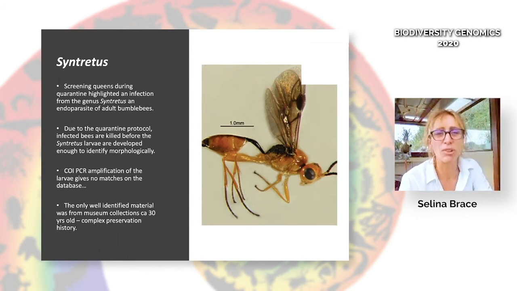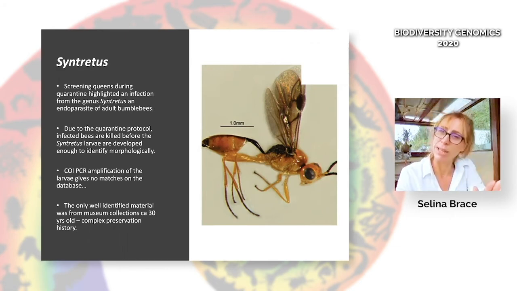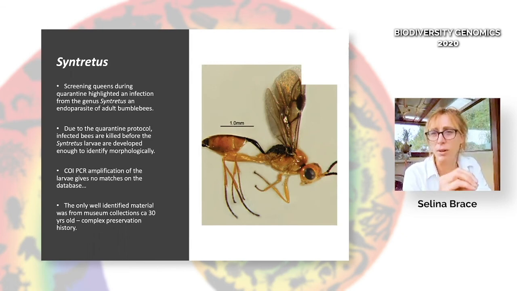Because of the particular quarantine protocols that were in place, any bee that was known to be infected had to be immediately killed. This is obviously fine, except for the fact that the larvae that were infecting the bee were at this stage too small to be able to morphologically identify what larvae had actually infected these poor bees.